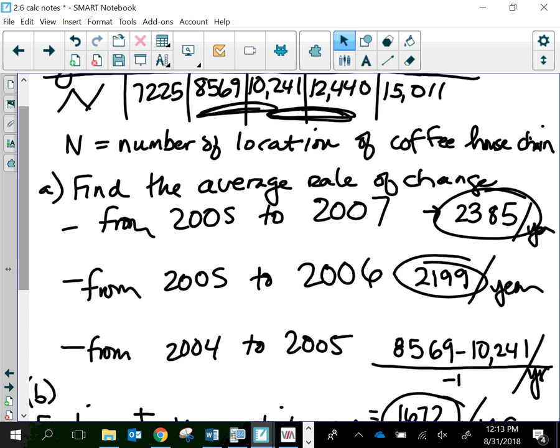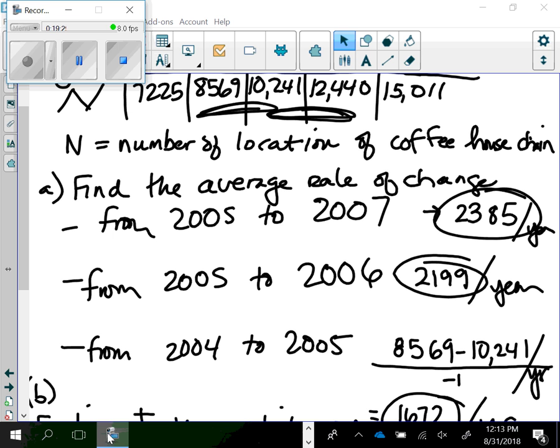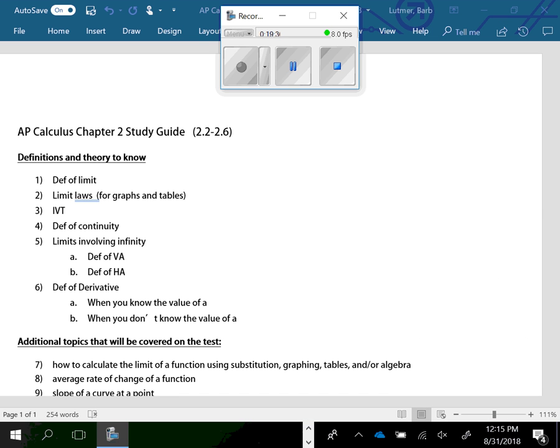All right, we have a review. Hold on, let me find mine. Who can tell me the definition of a limit right now? Definition of a limit.